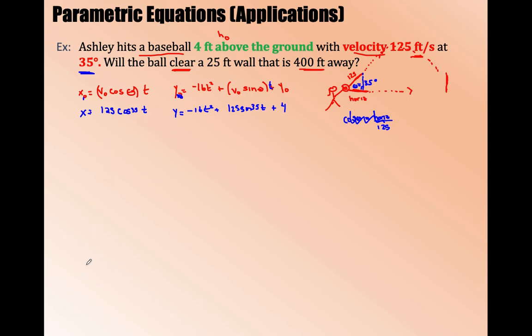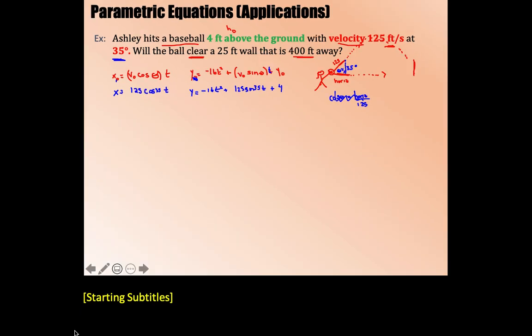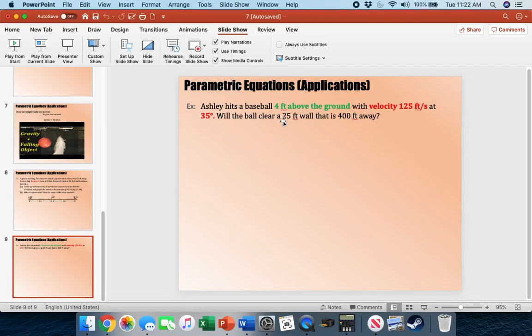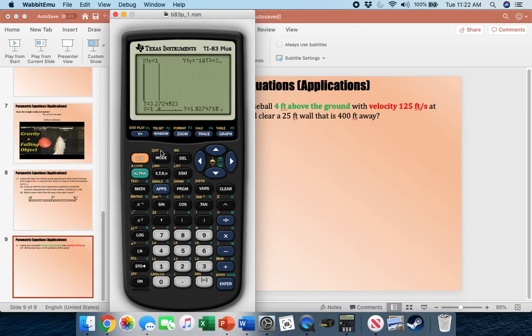So put these values into your calculator. So x is 125 times cosine, make sure again I'm in the right mode. Yes, degrees.